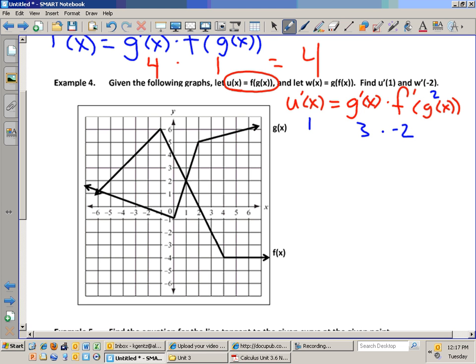So u prime of 1 is 3 times negative 2, which is negative 6. We found g of 1 by looking at 1, going up, and seeing g is at 2 there.